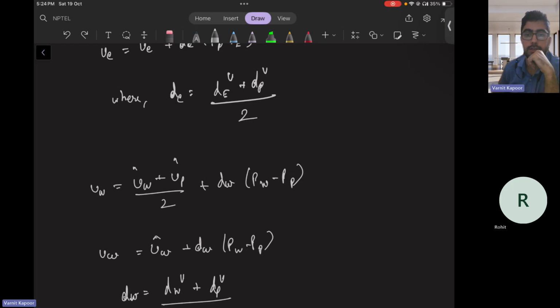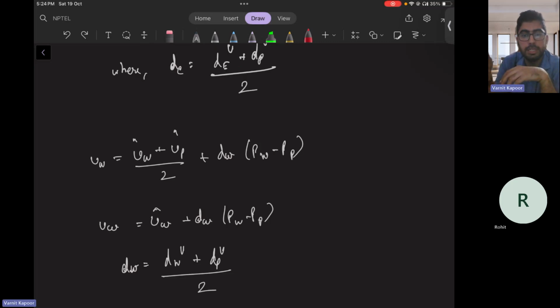So what is DEU in this term? This term will be del Y by AP for the U cell, and DPU will be del Y by APU for the neighboring cells as well, which is the average of all the Ds.